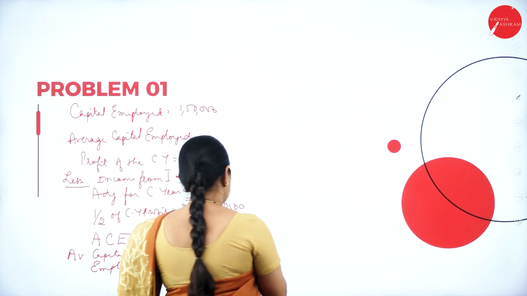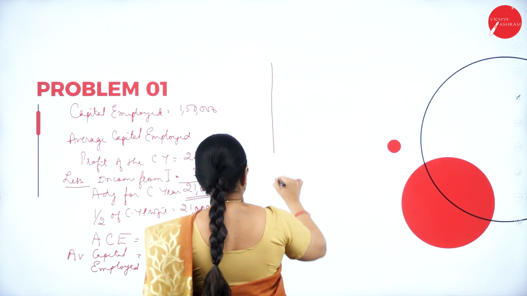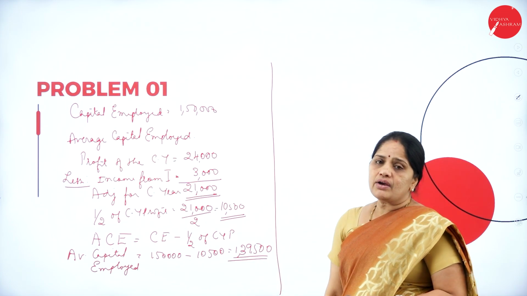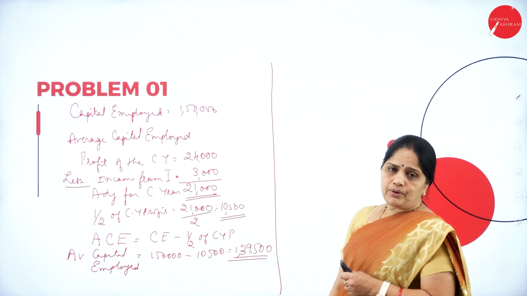Average capital employed is 1,39,500. Then the next step, so we have the average capital employed here.